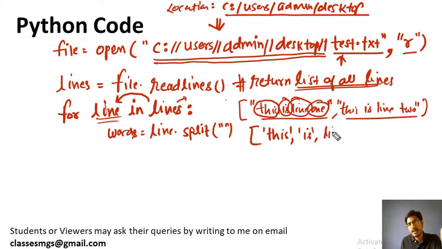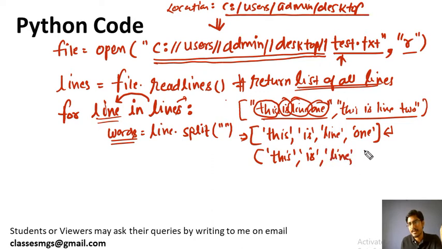Whenever we iterate the first time, line number 1 will come, and words will have this list. When we iterate the second time, the second line will come in the line variable, and the split method will be called again. In that case the words variable will have line 2's words, like this. Each time we will have the words list.